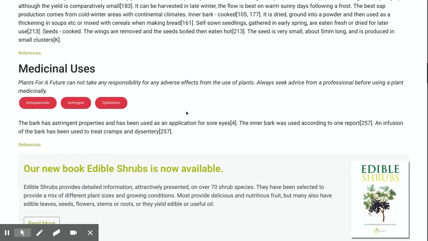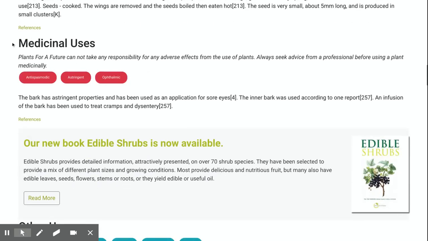Then there's also some information about the potential medicinal uses, at least what the plant has been reported to have medicinal applications for. So apparently, someone has used it as an astringent to help with eye soreness.